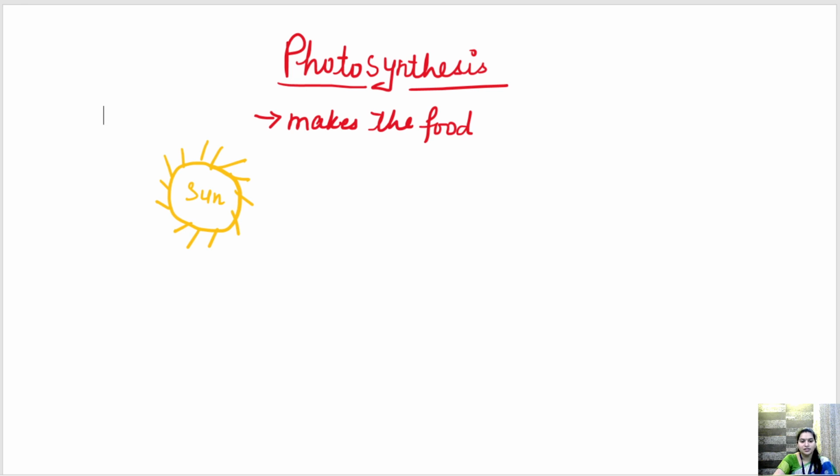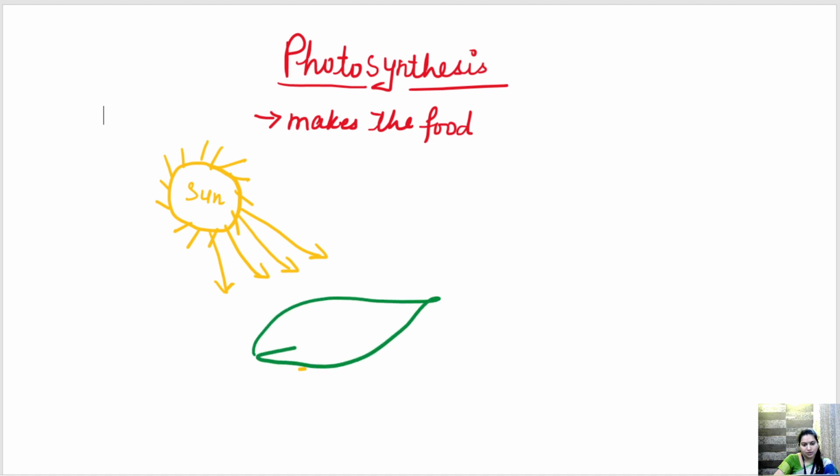The sun gives sunlight to the plant, or we can say it gives sunlight to the leaf. Okay, so let's draw a leaf here. Alright, so the sun gives sunlight to this leaf.